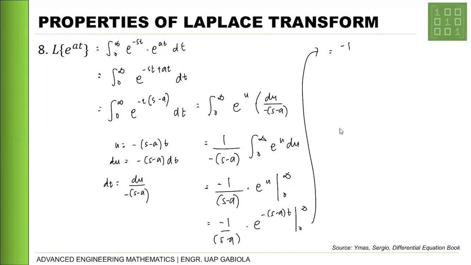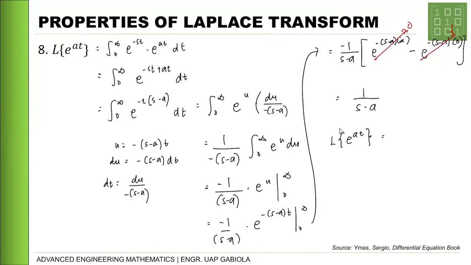Substituting that, negative 1 over (s minus a) times [e^(-(s-a)·infinity) minus e^(-(s-a)·0)]. Okay? From our previous discussion, this will be 0. This will be equal to 1. So we will have a value of negative times negative 1 over (s minus a). So if we see a Laplace of e raised to at, we should have an equation of 1 over (s minus a). So this is our eighth property for Laplace equation.